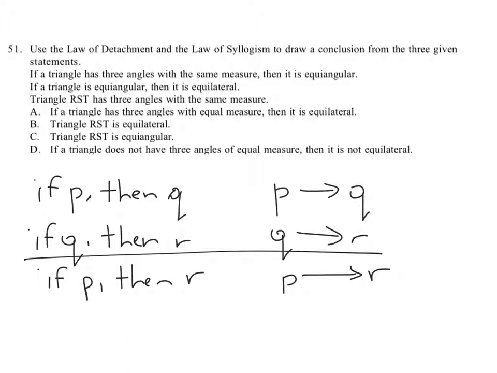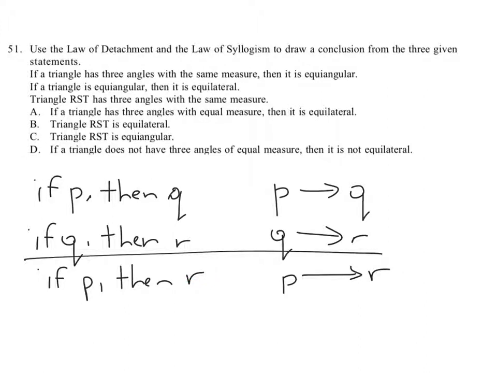The law of detachment says if you have any conditional statement, and this new one that you came up with through the law of syllogism is just a conditional statement. So if you know that is true, because you came up with it through a series of steps using law of syllogism, you now have this conditional statement. If you knew that P was true, you'd know that R was true.